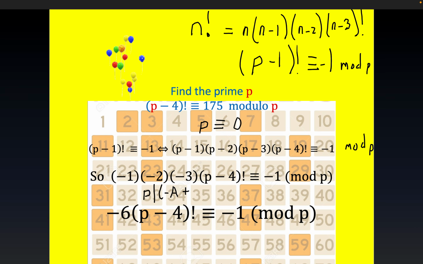So that's what this statement literally says. But notice that you could rewrite this: P divides minus a plus 1 means the same thing as P divides 1 minus a. And so you can see that you can cancel the minus signs for that reason. In other words, if and only if P divides a minus 1.